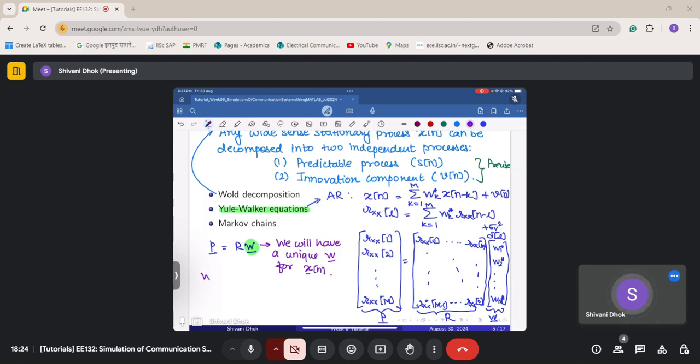And that W we can obtain by inverting R on both the sides, as long as your R is invertible. Okay, so this is how our Yule-Walker equation will help us. We'll take a small example for using this when we solve the questions.